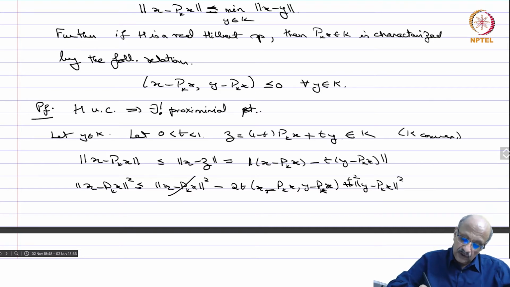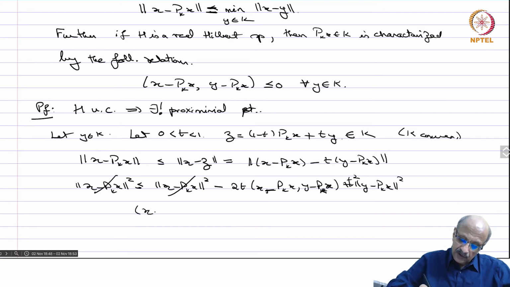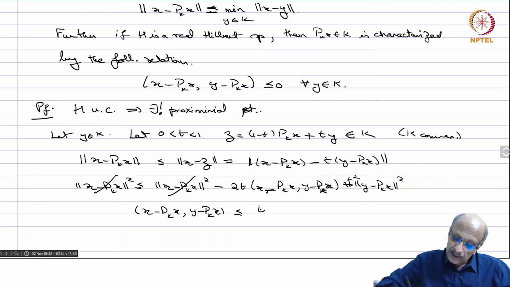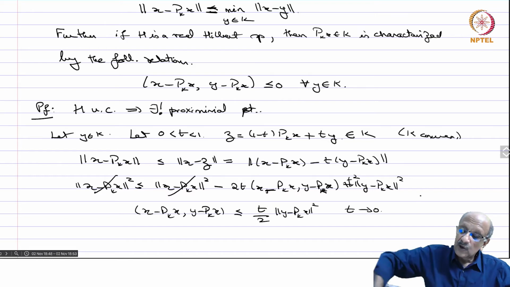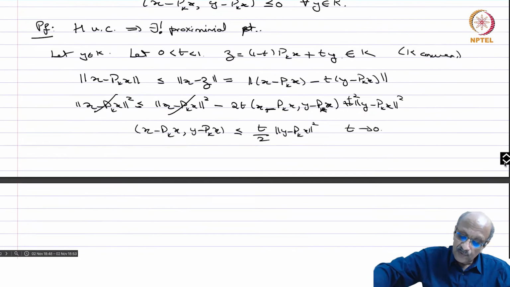Okay, so the first terms get cancelled, so you get the inner product of x minus P_K x and y minus P_K x is less than or equal to t by 2 times norm y minus P_K x squared. So now you let t tend to 0, and you will get the inner product less than or equal to 0. So that proves one part.